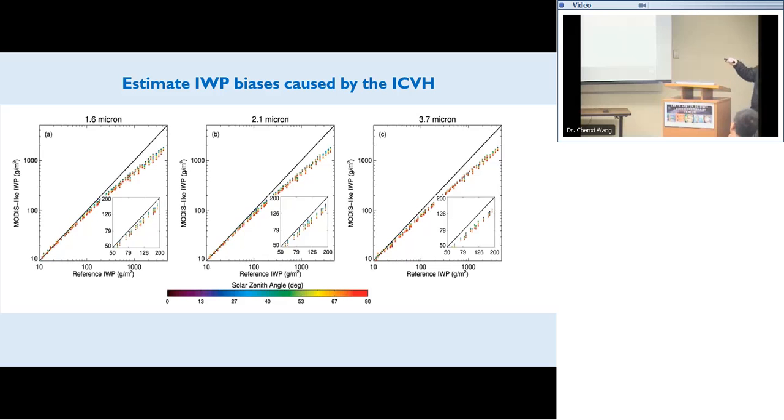So, for example, in this plot we use 1.6 to get this relationship. The x-axis is the reference unbiased IWP, and the y-axis is the MODIS-like retrieved IWP. You can see that the MODIS IWP always underestimates on this side. That is true because, according to the CALIPSO and CloudSat observations, larger particles are always close to the cloud bottom.